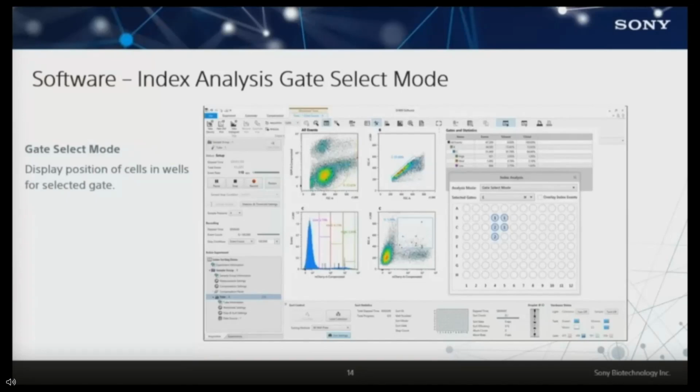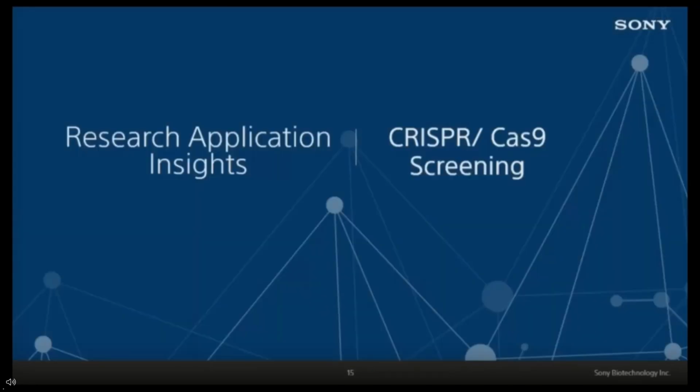Why was it successful? Well, maybe it had higher GFP, maybe it had lower GFP. Maybe where it landed in one of your plots is actually what's dictating downstream outcomes or phenotype differentiation. This information is critical for the sorting of your cells, and you can get this with the SH800.